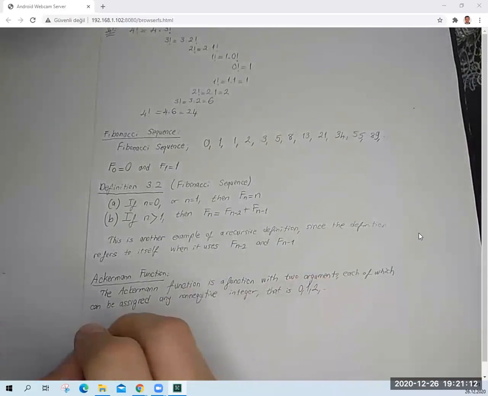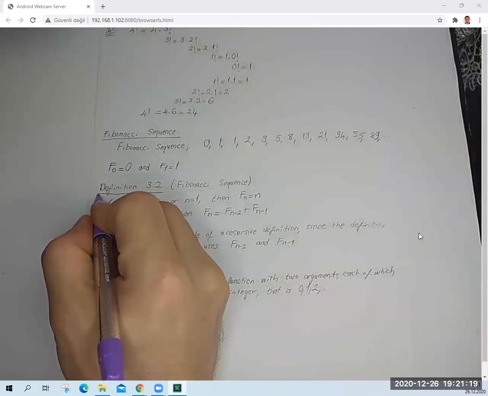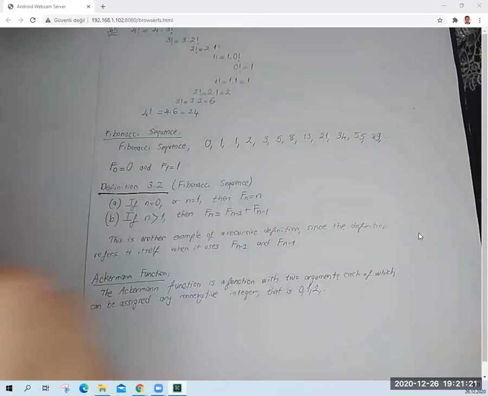And also a definition. So we saw this is the third definition and this is the second one.